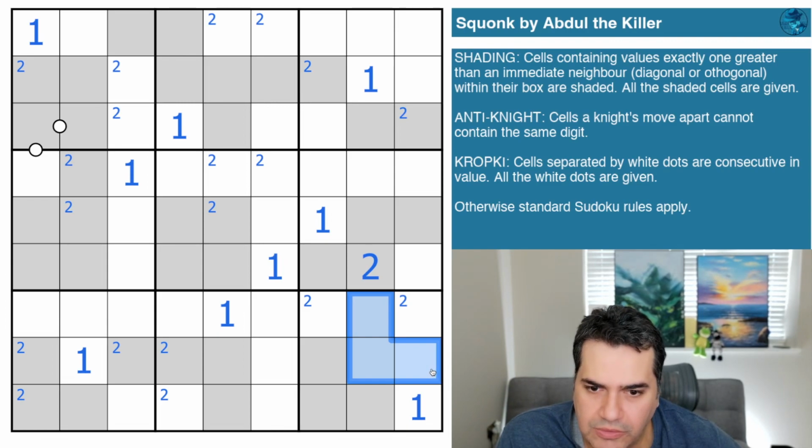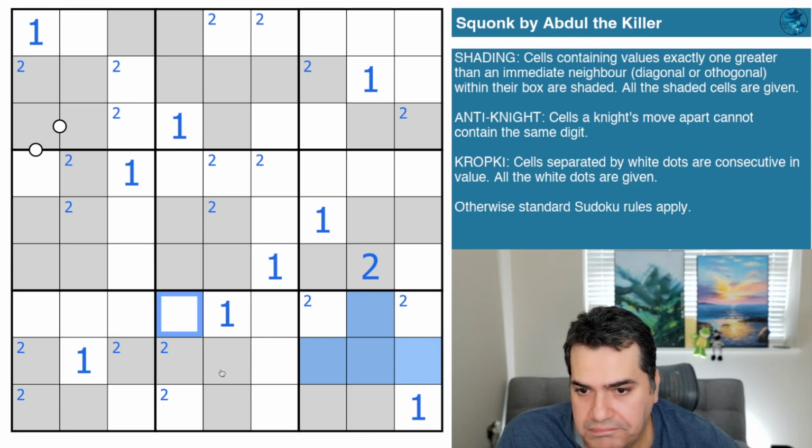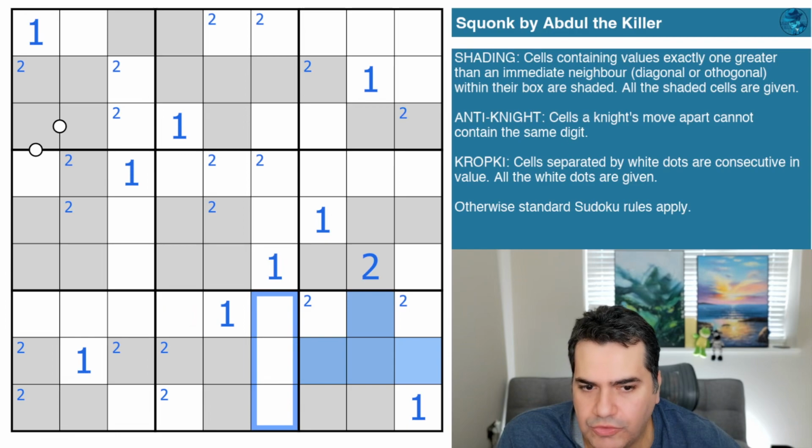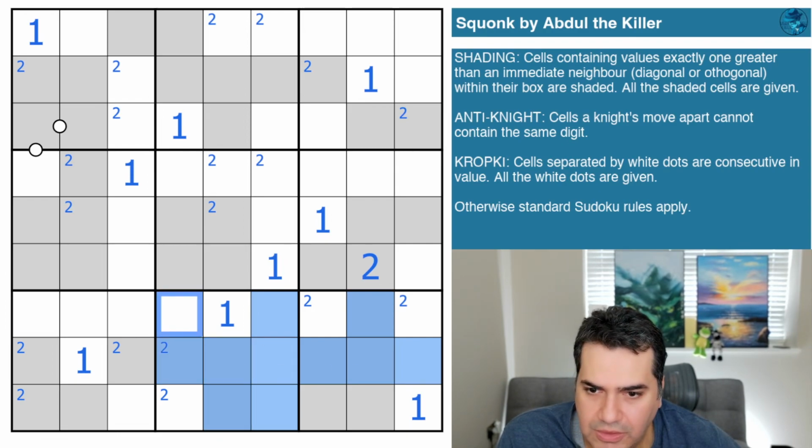all falls into place. So if there is a 3 in here, it's restricted to this shape. If there is a 3 in there, I mean, all of these are possibilities. These are possibilities. If I put a 3 in here, that's a possibility. That's a possibility.